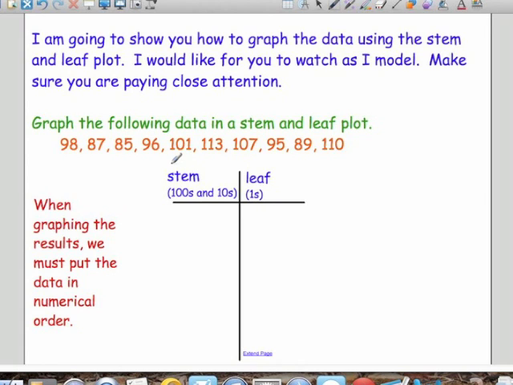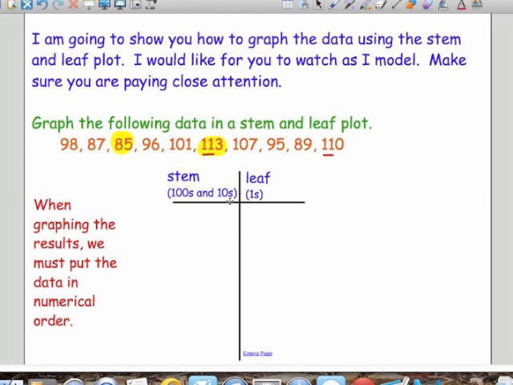What I like to do first is just take a look at all my tens. So I've got a 90, an 80, 80, 90, 100, 100, and 10. So if I look there, I've actually got 11 there. I've got a 10, 9, 8, 11. My lowest number on this one is an 85, and my highest is 113.